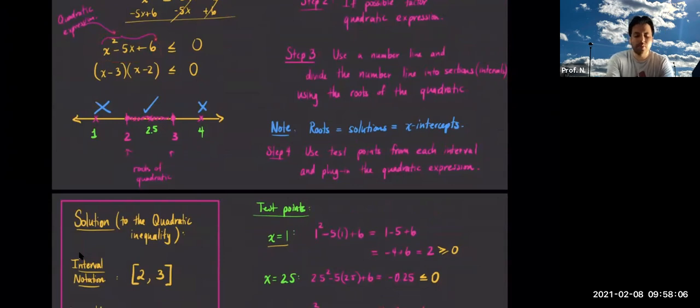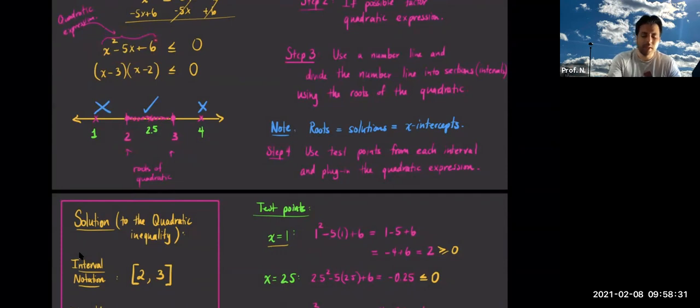You have to start with the roots. Once you have the roots, then you can divide up the interval. Then you can know what numbers to choose. Then you would know what the intervals are. So we got the 2 and the 3 because they are the roots of the quadratic. That's how we got it.